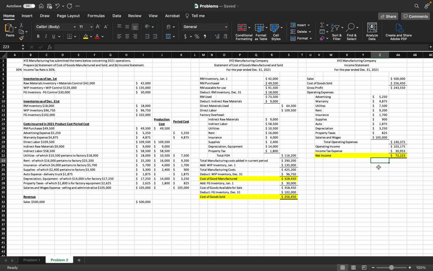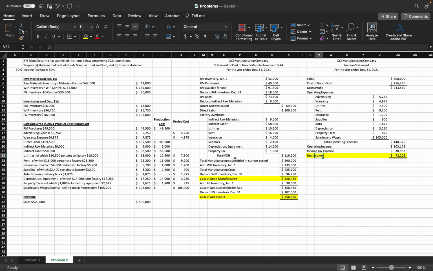It's something you learn in basic accounting. What are the income components of an income statement? The statement of goods manufactured and sold. Again, this format is available in just about any managerial accounting textbook. I don't memorize these.